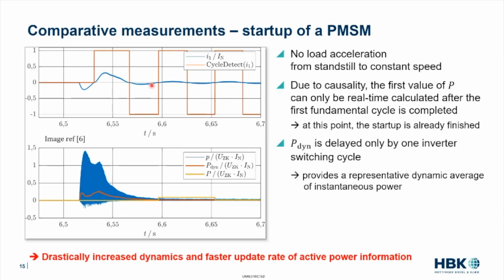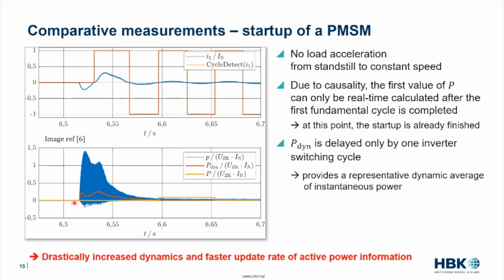The blue trace is the current, and the blue trace down here is the instantaneous power drawn from the machine to accelerate. If you look at how power analyzers would measure that, the yellow trace is what you might see from a conventional power analyzer.